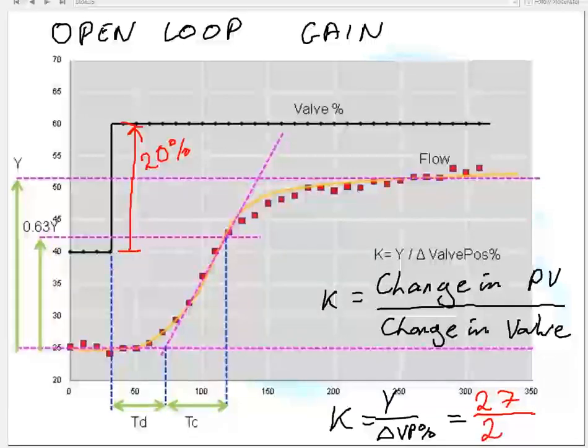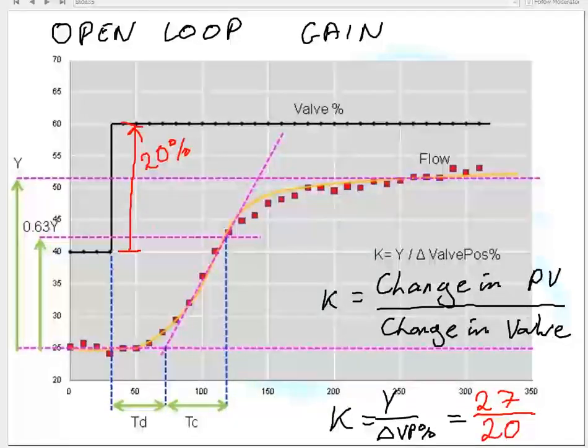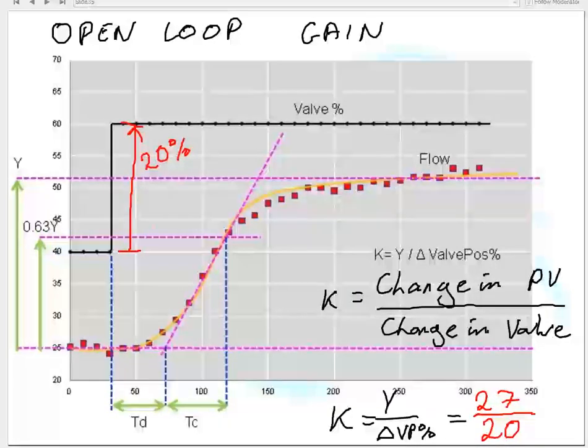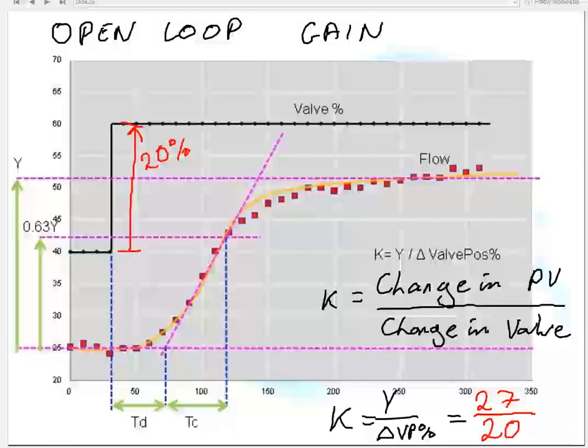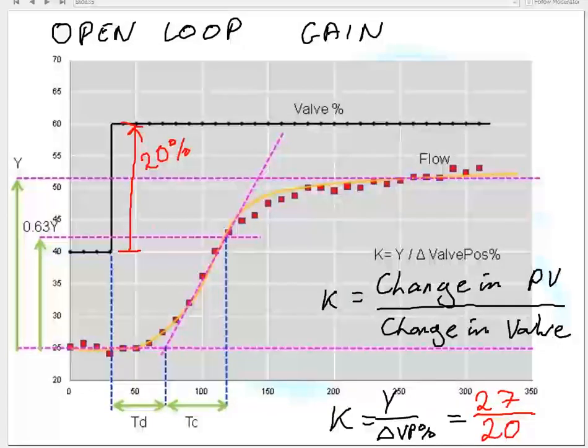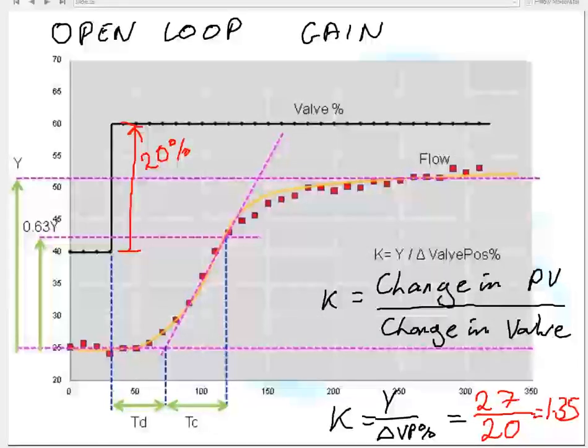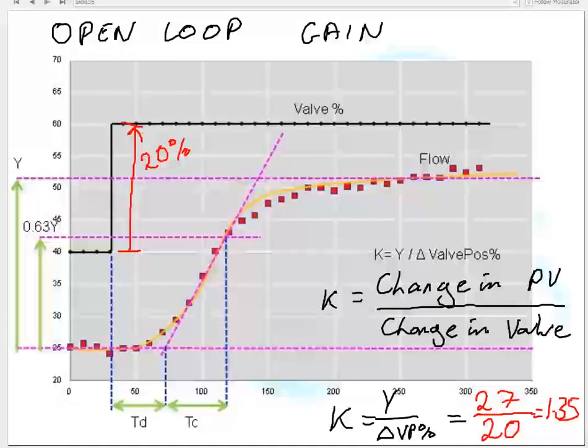So I make that 27 divided by 20. And that comes out as, calculator, 27 over 20, 1.35. So you calculate your open loop gains and let us know when you're ready.